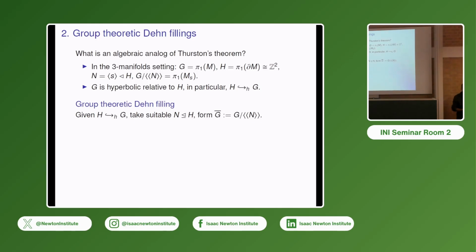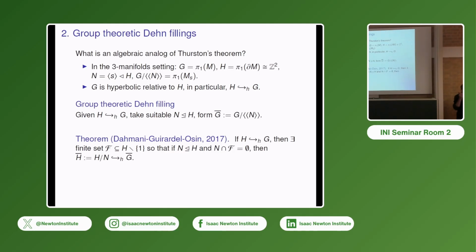So why is that interesting? Because you can do that for many classes of groups. But there's an important theorem of Dahmani, Guirardel, and Osin from 2017 that is quite similar in structure to Thurston's theorem. It says that if you have a hyperbolically embedded subgroup H in G, then there exists a finite set F of elements in H which are not the identity, such that if you take a normal subgroup N in H which avoids this finite set, then H mod N, which I'll call H bar, is hyperbolically embedded in G bar.